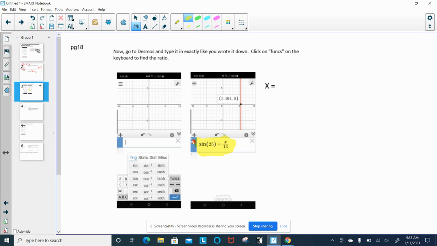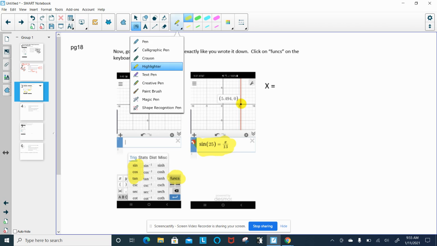Now for sine, you got two choices. You can click on the funcs or functions key, and it'll pop up the trig functions. Or you can simply type in SIN. Either way, Desmos is fine. And where our line crosses the x-axis, that's our answer.